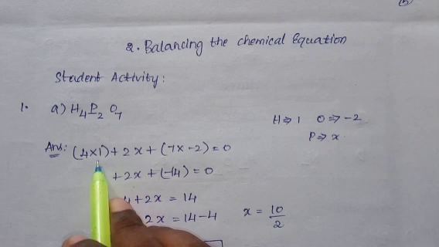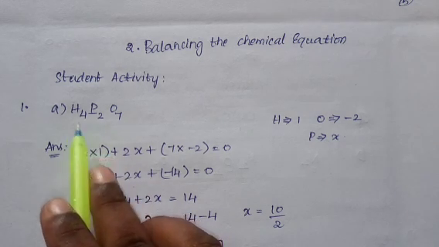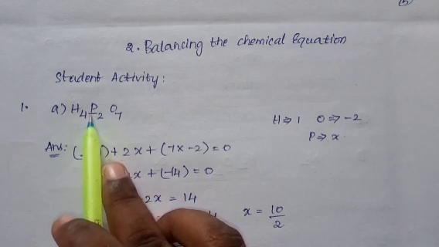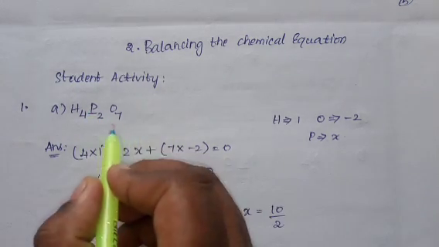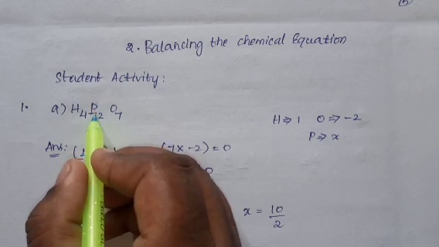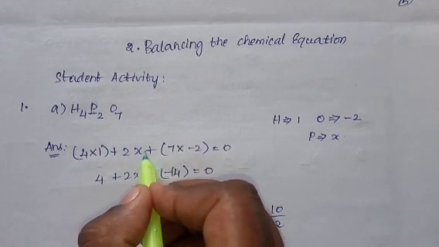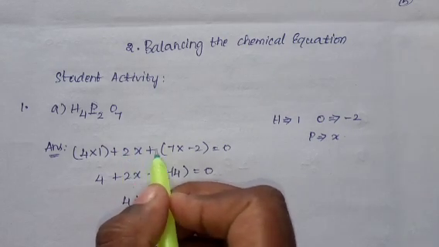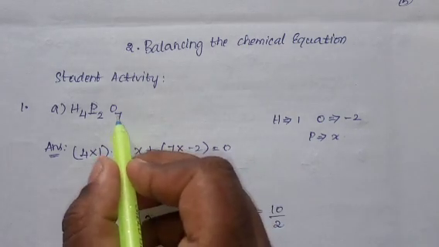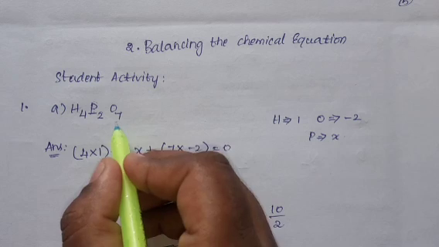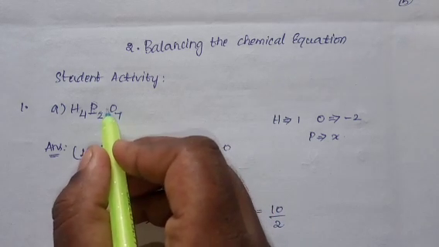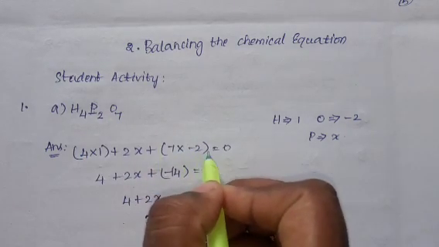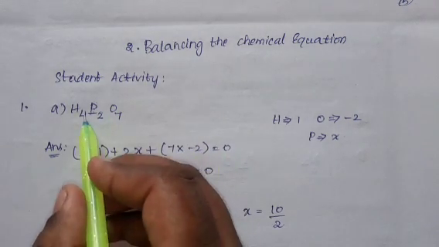So 4 into 1 plus 2 into P. We have to find P, so we take it as X. So 4 into 1 plus 2X plus 7 into the oxidation number of oxygen, -2, is equal to 0.